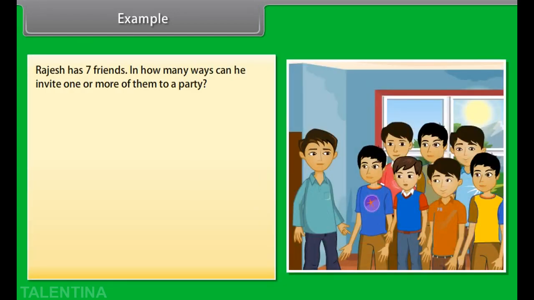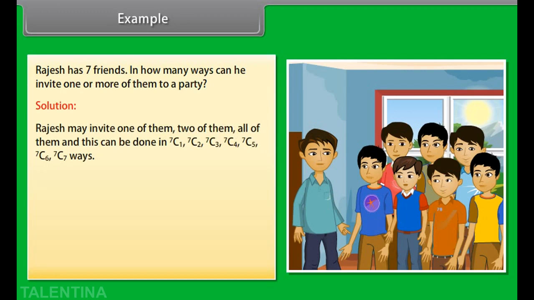Rajesh has 7 friends. In how many ways can he invite one or more of them to a party? Solution. Rajesh may invite one of them, 2 of them, up to all of them, and this can be done in 7C1, 7C2, 7C3, 7C4, 7C5, 7C6, 7C7 ways.